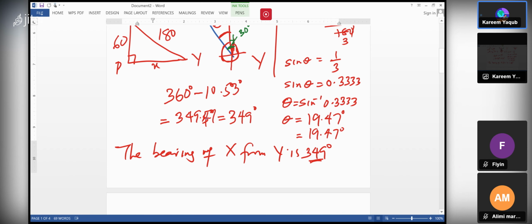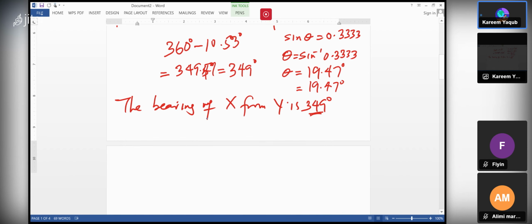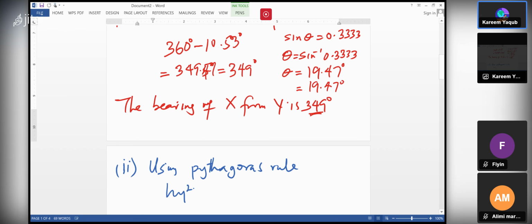of Pythagoras rule. So for Roman figure 2, using Pythagoras rule, which says hypotenuse squared equals opposite squared plus adjacent squared.